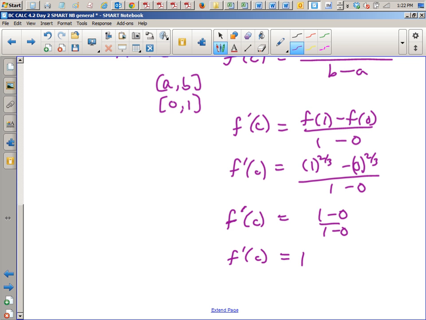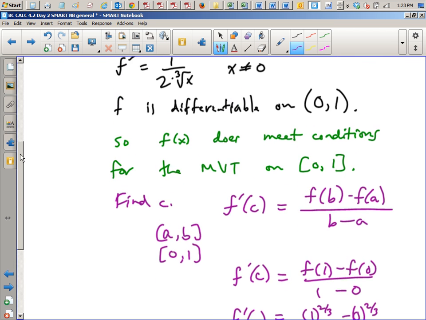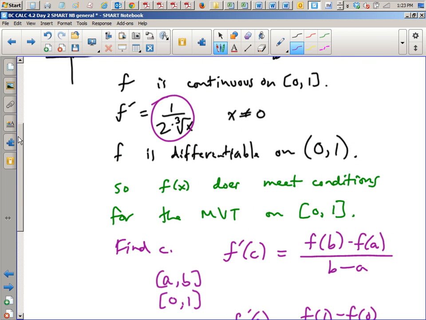What is C? Don't forget, all your formulas in calculus are two-sided. The left side is the derivative at C. Wasn't the derivative 1 over 2 cube root x? Went back up your work. The derivative was 2 over 3 cube root of x.